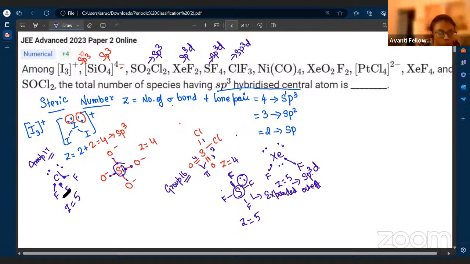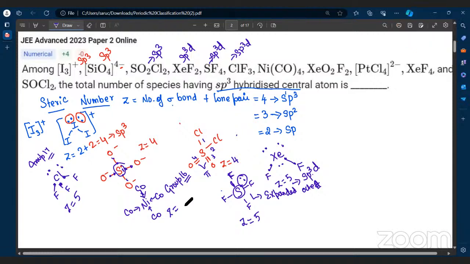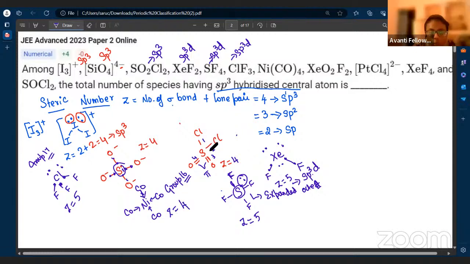Now moving to Ni(CO)4. What will be the Z number for Ni(CO)4? 4. Yes, it is 4. Therefore, it is going to be sp3 hybridized.